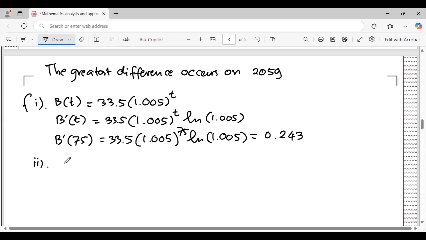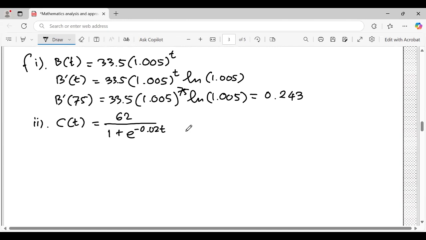Part 2. C(t) is 62 over 1 plus e to the power minus 0.02t. To find the derivative, I will use substitution. Let u equal 62, and du/dt is 0.